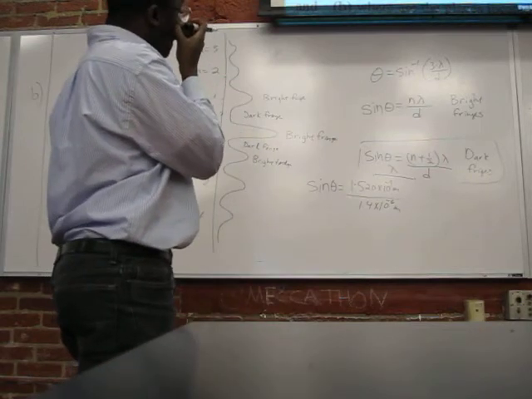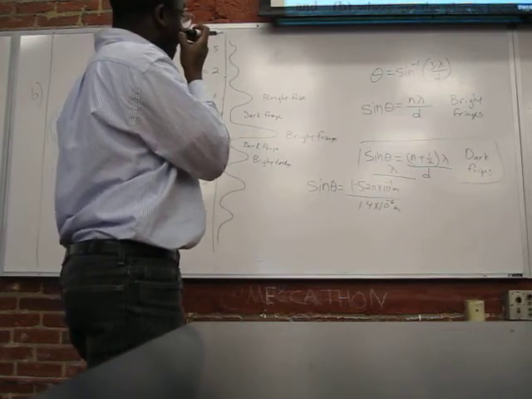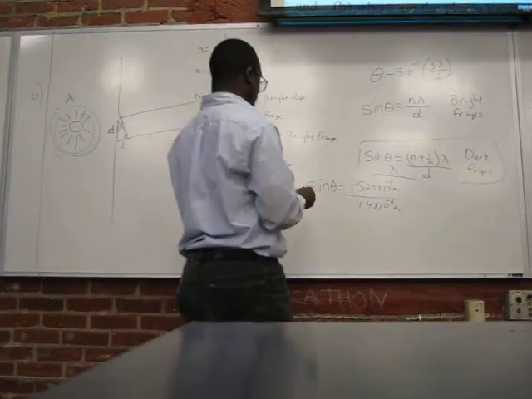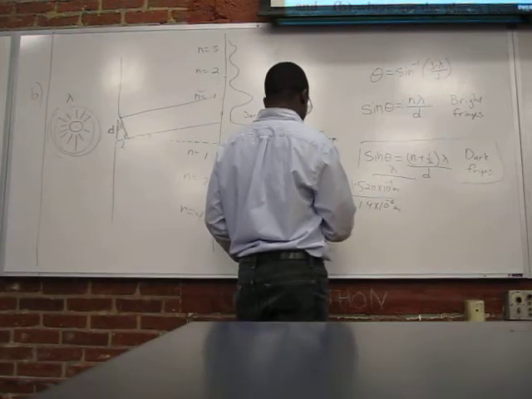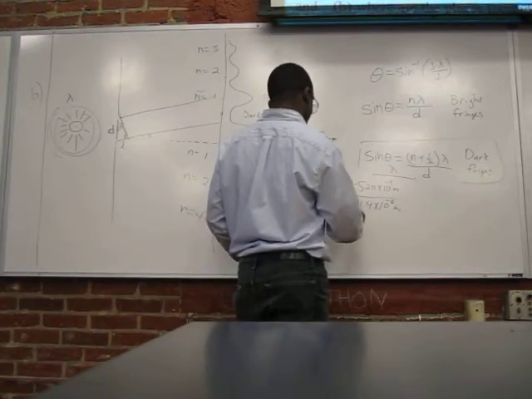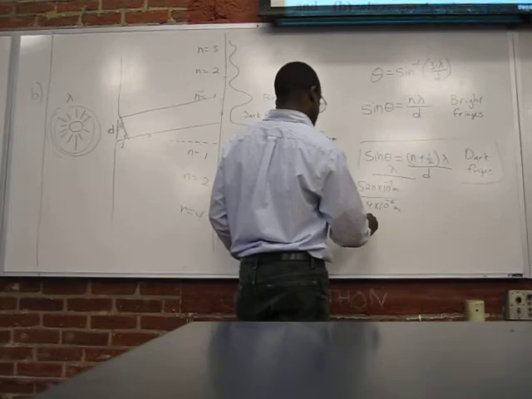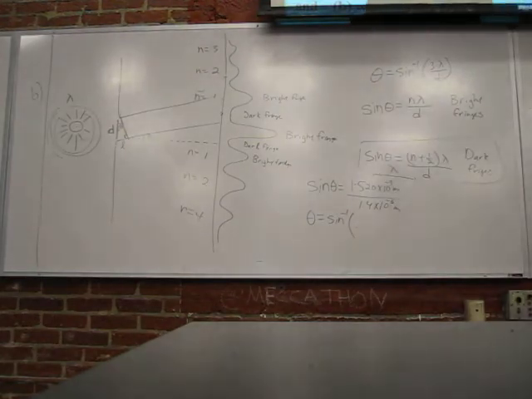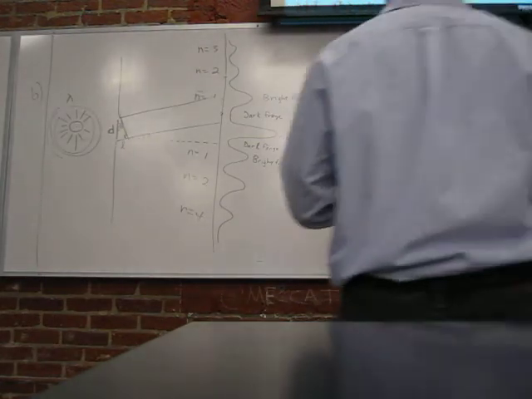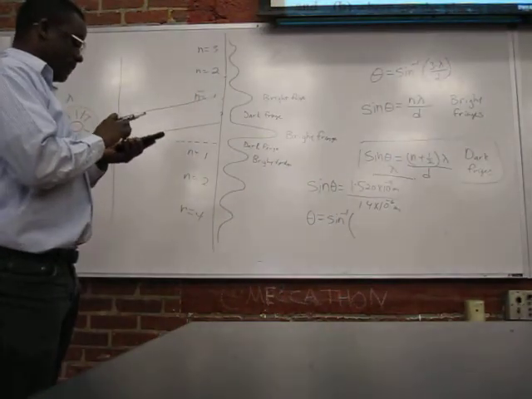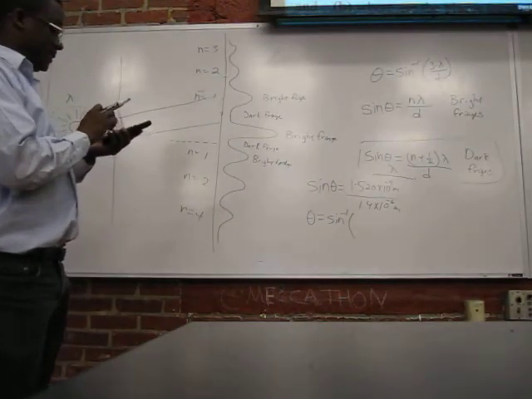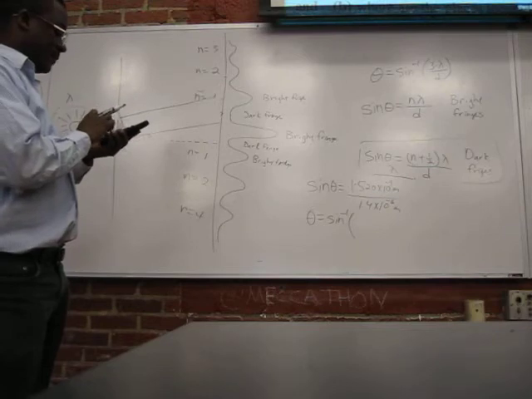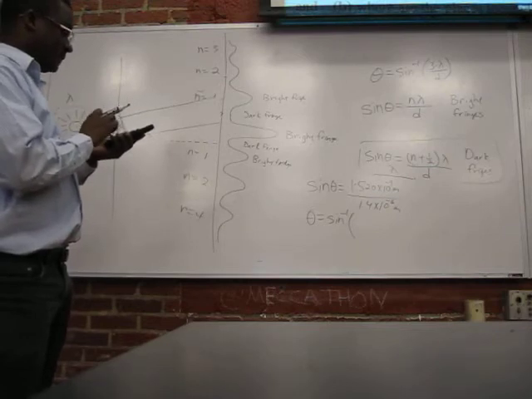All right. So I get the inverse sine of both sides. And what does that come out to be? 520 times 10 to the negative 9 divided by 1.4 times 10 to the negative 6.